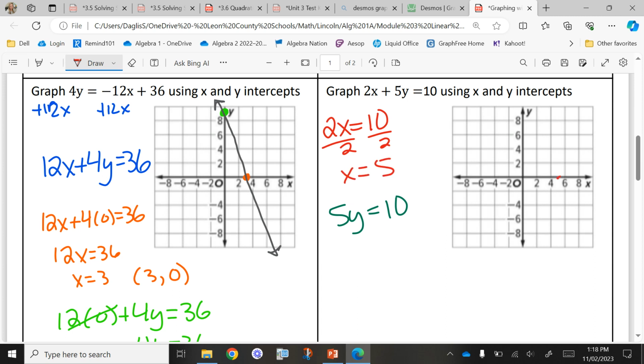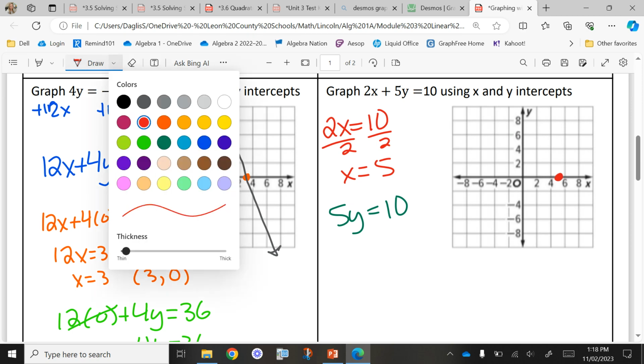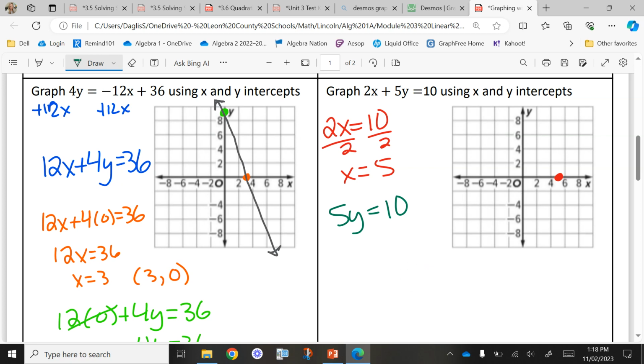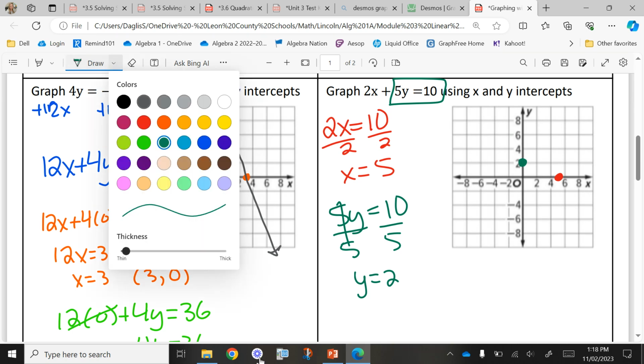Where is x equals 5? It's right here. Okay? How do I get my y-intercept? I say 5y equals 10. Divide both sides by 5. We get y equals 2. Here's my y. There is y equals 2. And then we draw our line.